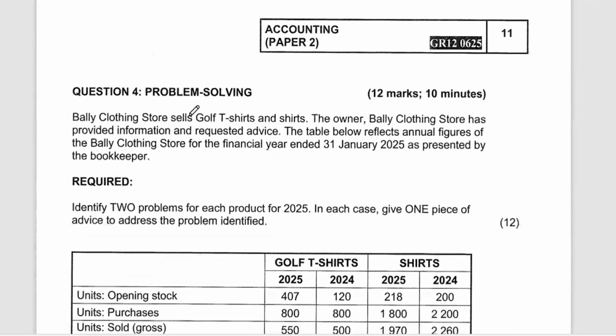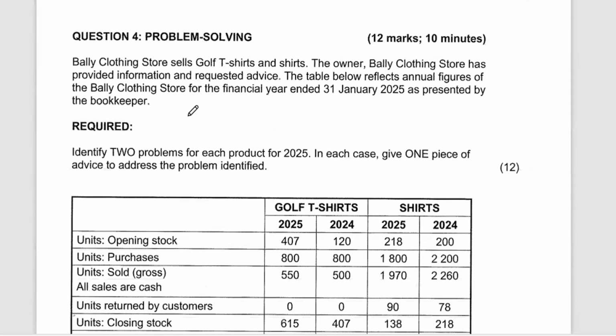We can now move to question 4. So question 4 is our problem solving. The max is 12 marks, the duration is 10 minutes. Bali Clothing Stores sells golf t-shirts and shirts. The owner, Bali Clothing Store, has provided information and requested advice.